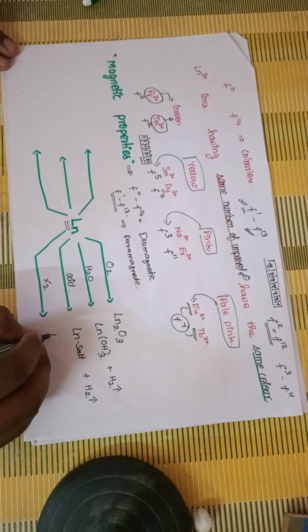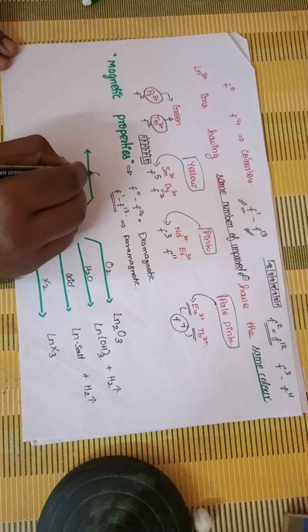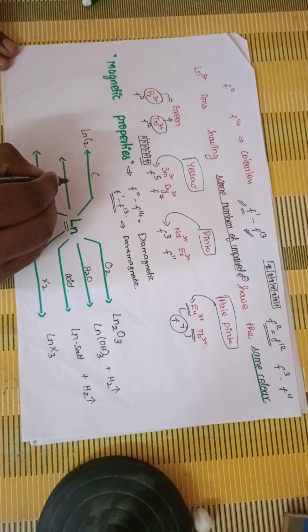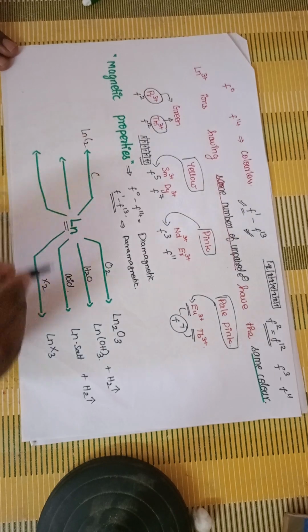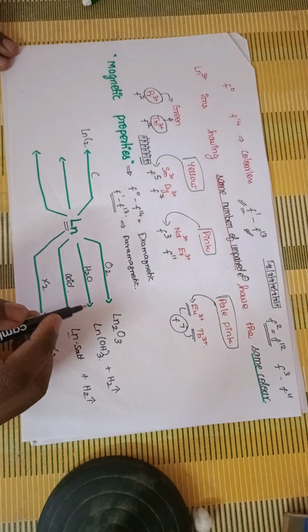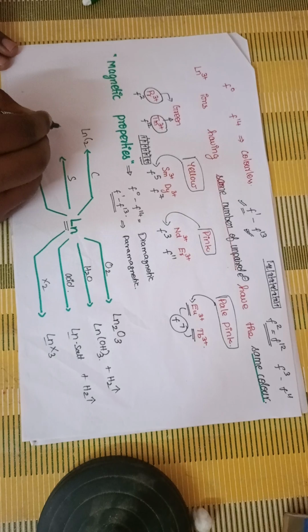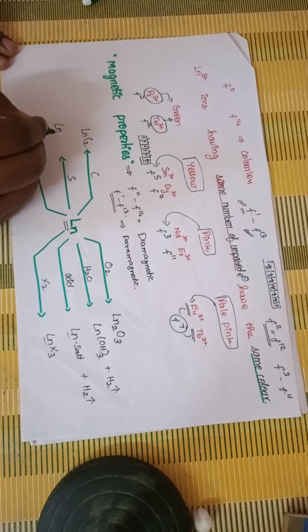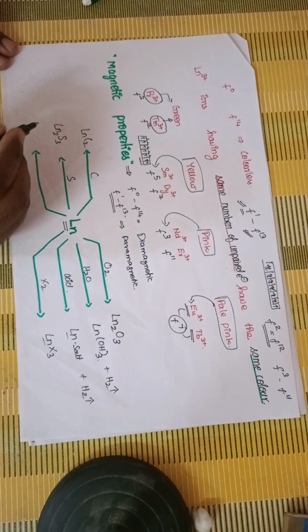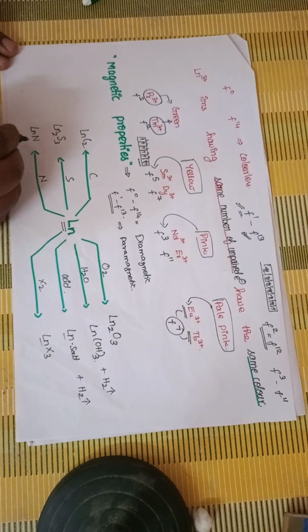With halogen, it forms lanthanide halide. With carbon, lanthanide carbide. With sulfur, it forms lanthanide sulfide. With nitrogen, it forms lanthanide nitride.